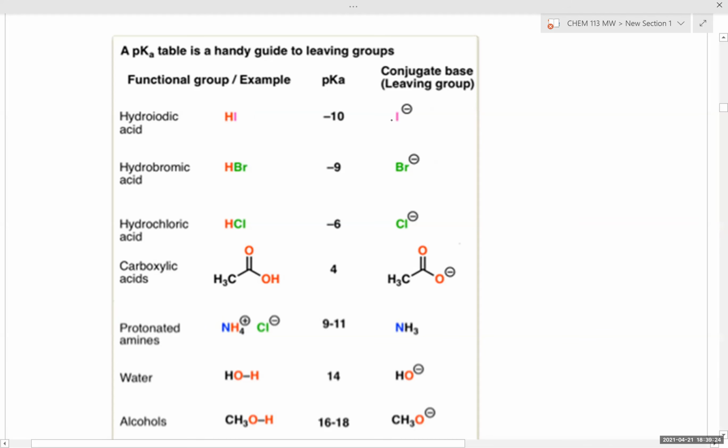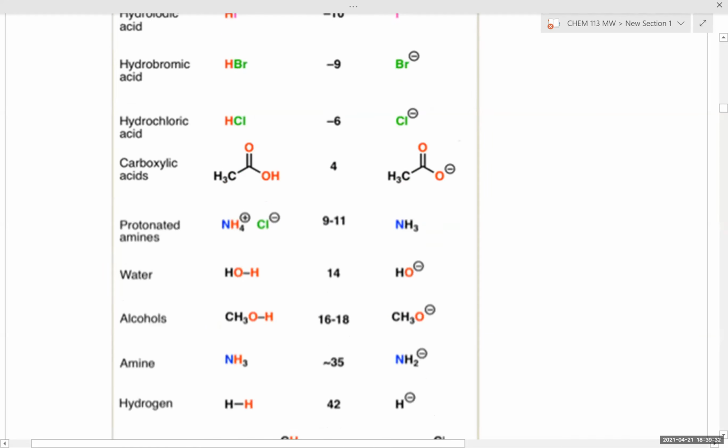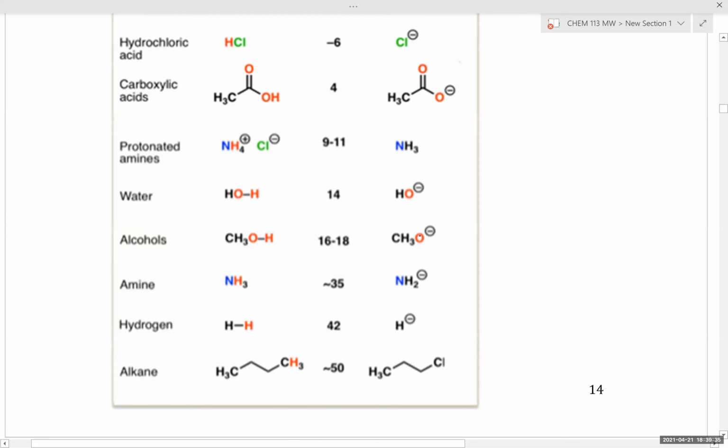So your halides and acetate ions are weak bases and are great leaving groups. Comparatively, hydroxide, alkoxide, and amide ions are terrible leaving groups because the resulting leaving group is not only highly basic, but it's quite nucleophilic as well. Does this explanation make sense to everyone?